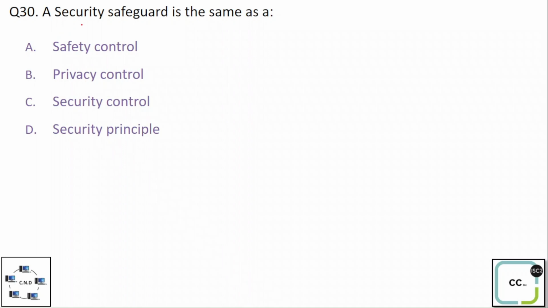Question number 30. A security safeguard is the same as a, and the options are option A, safety control, option B, privacy control, option C, security control, and option D, security principle. And the correct option is option C, security control.